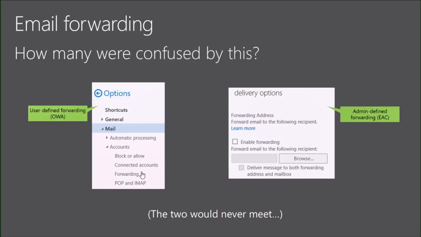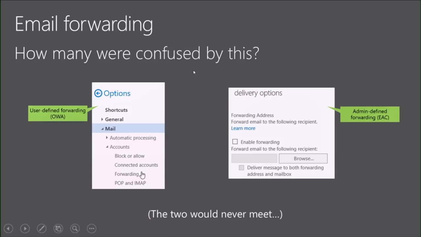The funny thing about these two settings is they would never meet. You could have forwarding in two different places, and people wouldn't necessarily know that. What was kind of crazy is that this particular checkbox, deliver messages to both forwarding and email address, was shared between both. So anyway, it was very confusing.